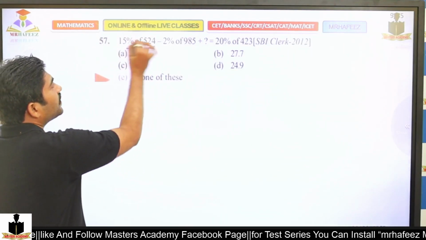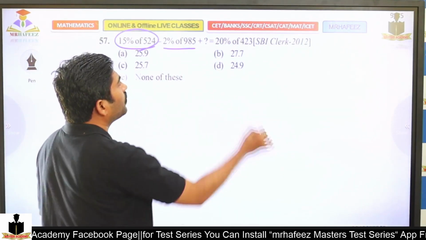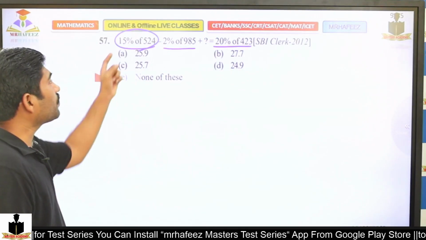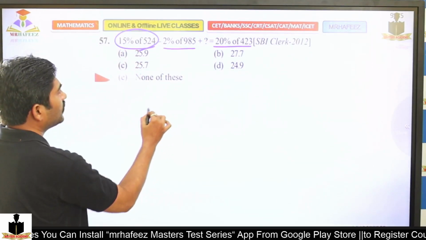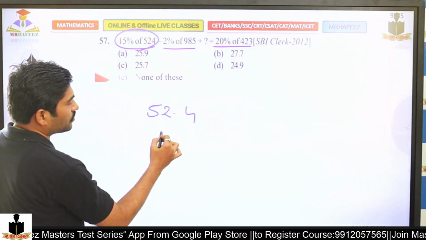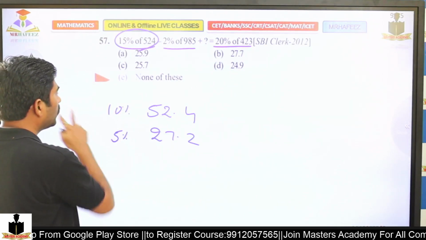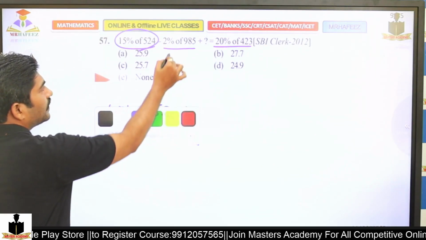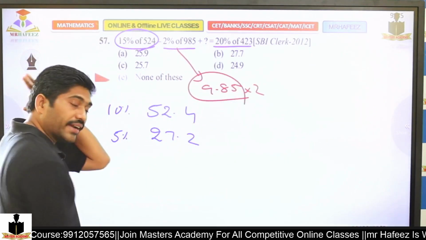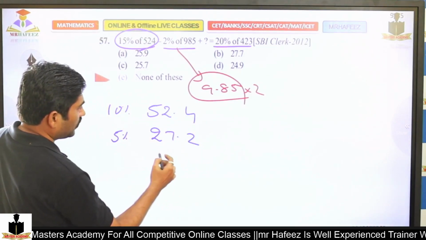So 15% of 524 minus 2% of 985 plus question mark equals 20% of 423. So 15% of 524: that is 52.4, which is the 10% value, and the 5% value is 27.2, 26.2. And the value of 2% is 9.85 into 2, that is 19.7.